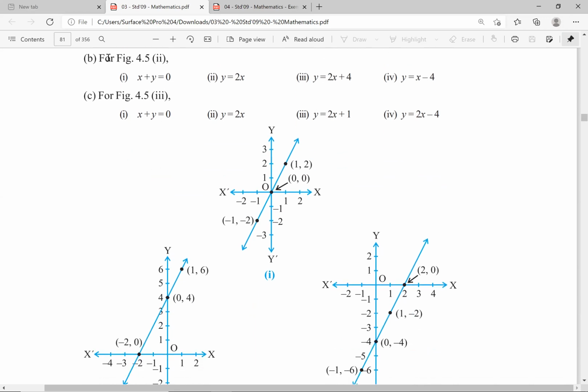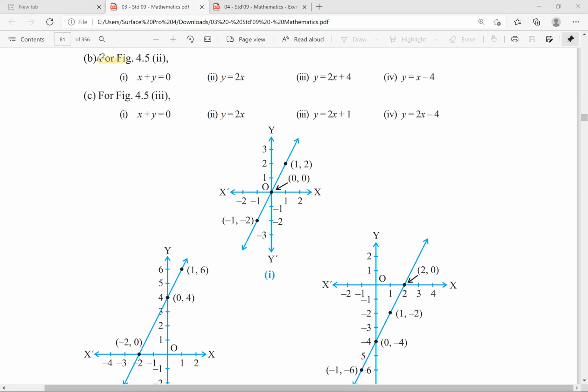Out of these four, let me see. Oh, I can annotate today. Yesterday I wasn't able to for some reason.